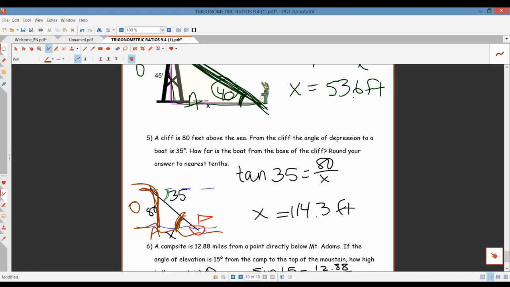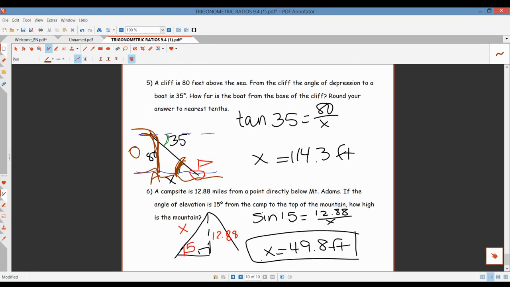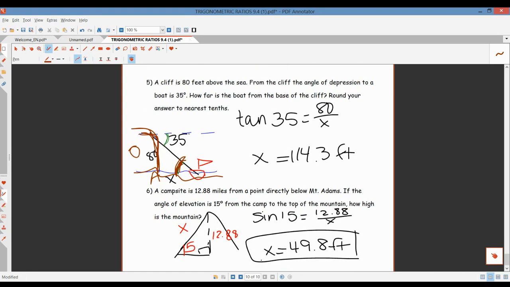All right, the last one, you have that campsite. I want you to try to set up your picture and solve. I'm going to show mine. All right, so there's my campsite with my wonderful picture. So my campsite is up here on the top. That's my campsite.